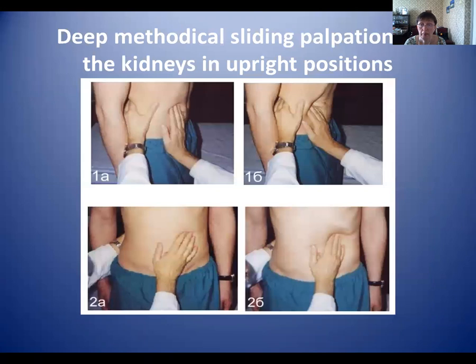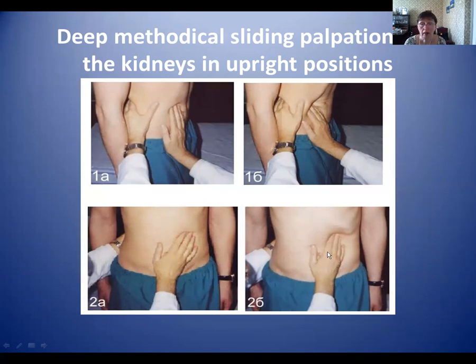Here we see that palpation may be done in the upright position of the patient. Here we see palpation of the right kidney, and here we see palpation of the left kidney of our patient.